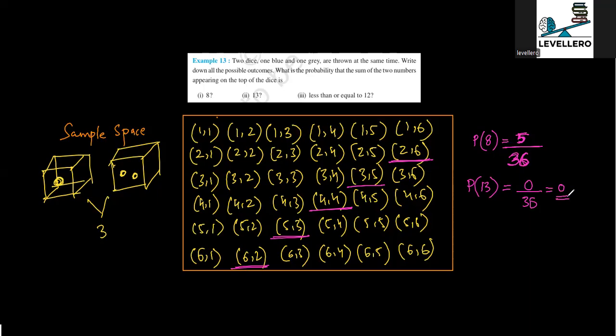Now, probability of getting a number which is less than or equal to 12. Less than or equal to 12 means this is the combination where we are getting a sum of 12, and all the other events present inside this sample space, if we add them together, we are going to get a number which is less than 12.